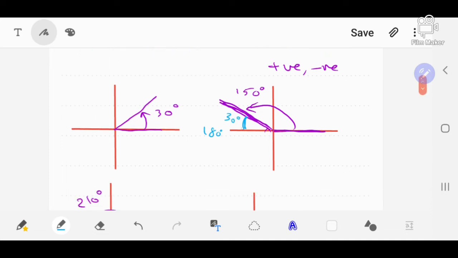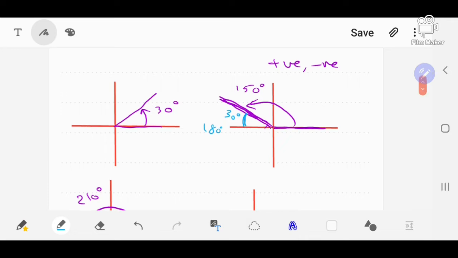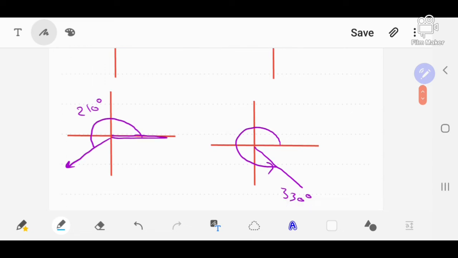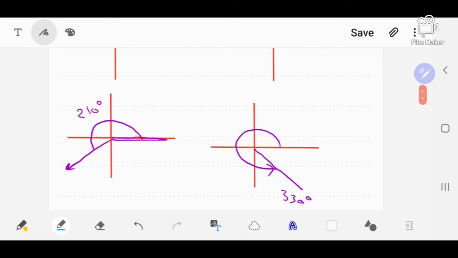We are going to call it the reference angle. Look at this angle, 210. Until here, you have reached 180 again. So what comes after 180 until you reach 210? Actually, it's again 30 degrees. What about here?